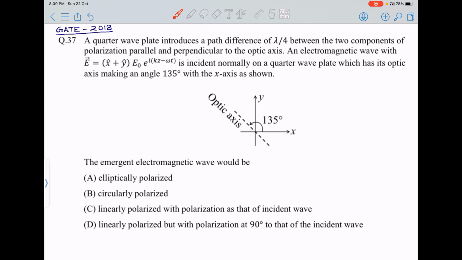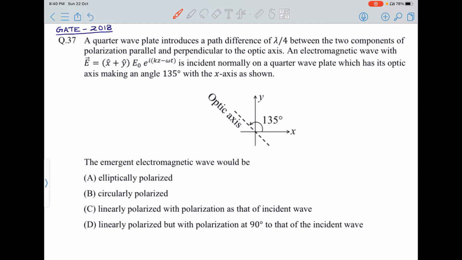Hi, this question is from GATE 2018, and it is a multiple choice question. The question states: a quarter wave plate introduces a path difference of lambda by 4 between the two components of polarization parallel and perpendicular to the optic axis.